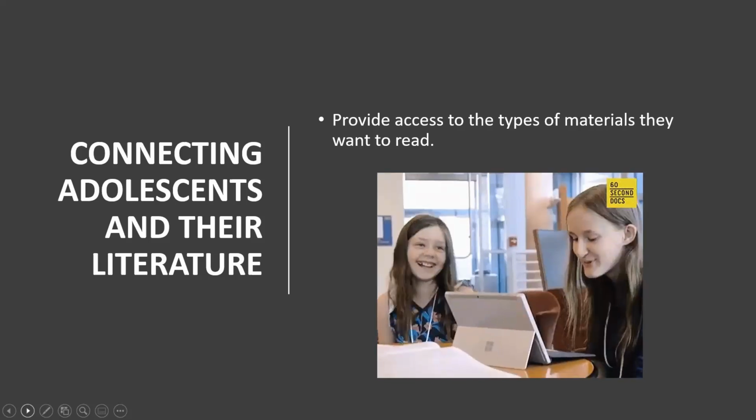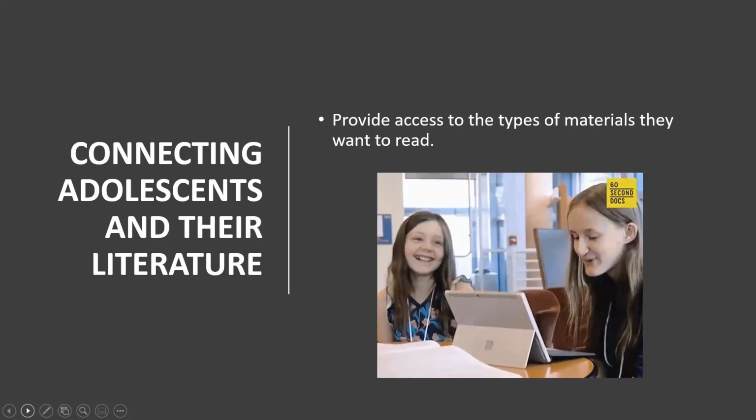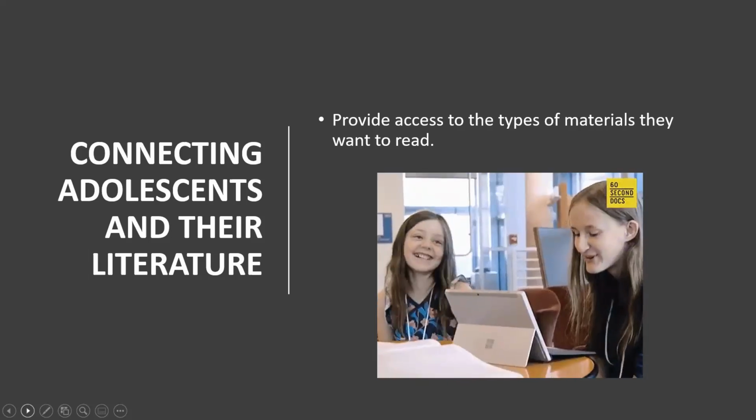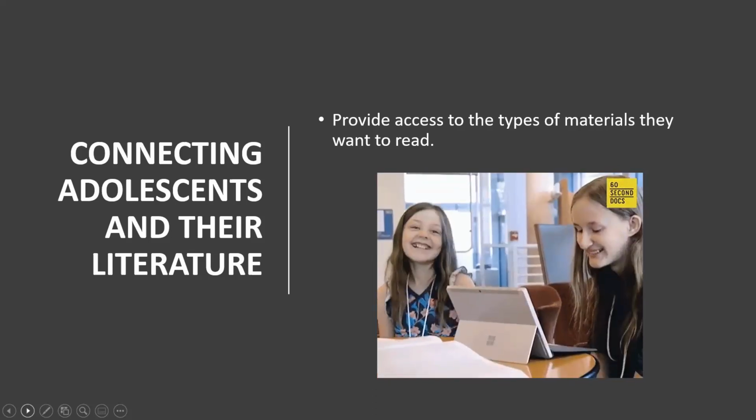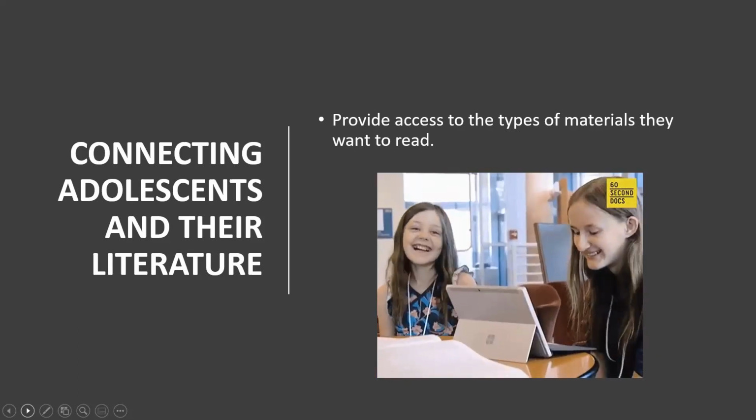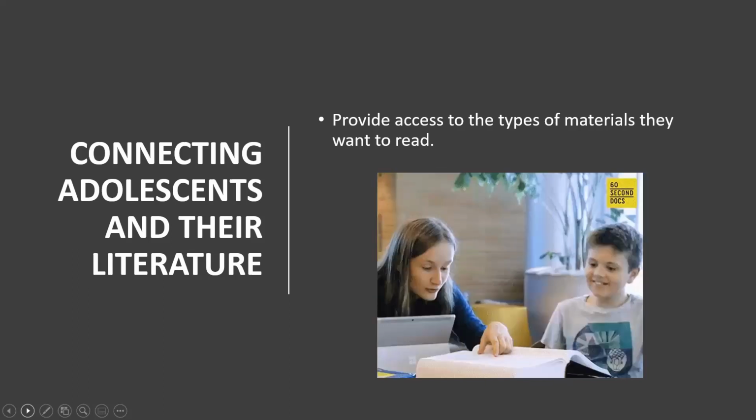But if you will suggest something interesting, something informative, something that will benefit them to become better individuals, then do it. So one key to getting adolescents to read is providing them access to materials they want.